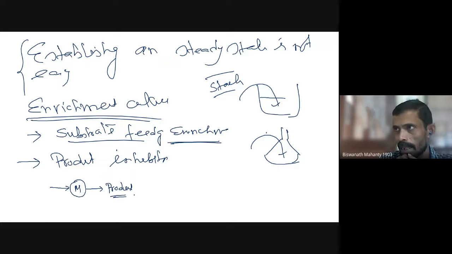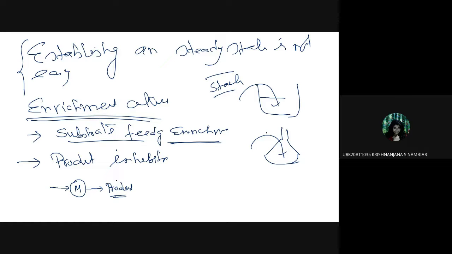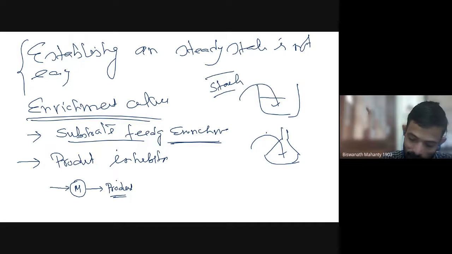What does it mean? If you are studying biochemistry nowadays, you might know about sugar metabolism. Do you have biochemistry this semester? Yes, sir. Okay, so I think you are already studying glycolysis, Krebs cycle, all those sugar metabolism pathways.